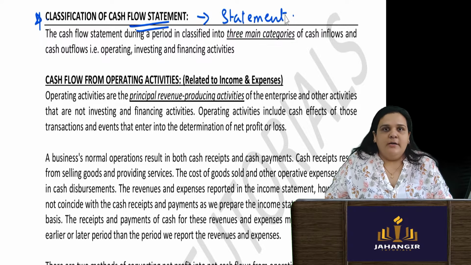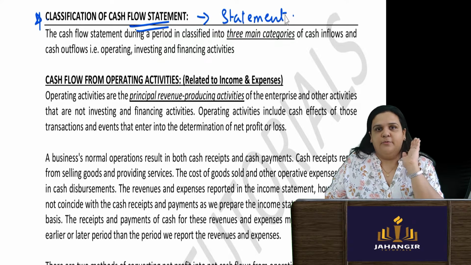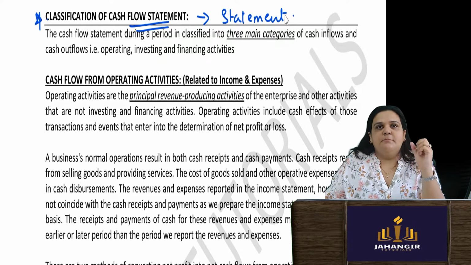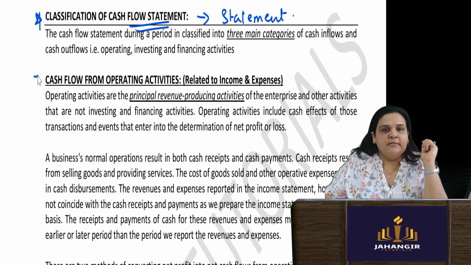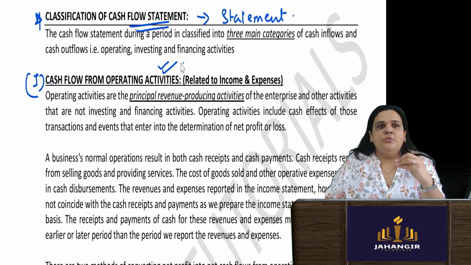They want us to tell how much is your cash flow from different activities. The most important activity is our operating activities, the principal activity for which you are running this business, related to your income and expenses statement, or everything related to your operations.